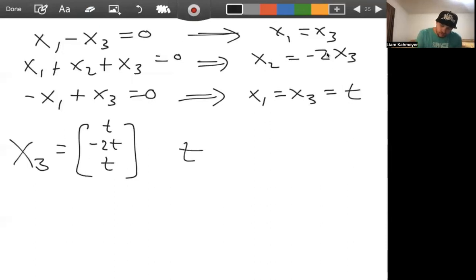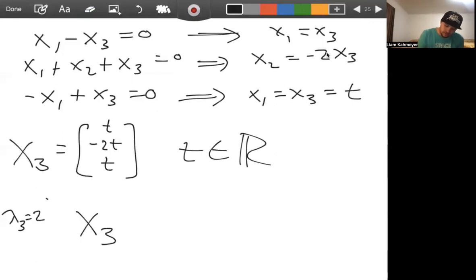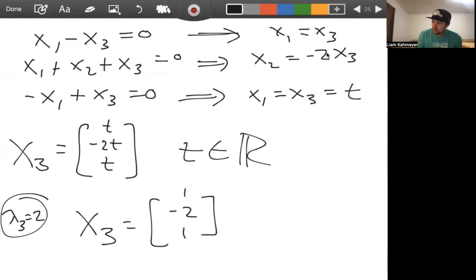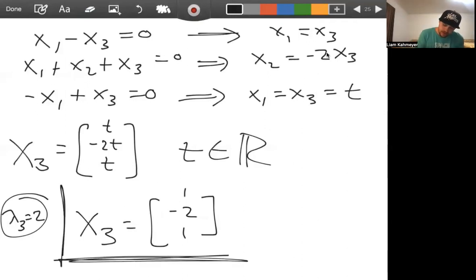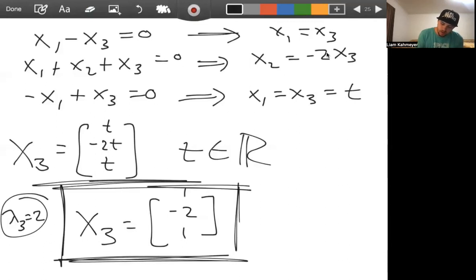That means we can take a basic eigenvector for lambda 3 equals 2. We can get the eigenvector 1, negative 2, 1. And let me double check and make sure that's what I got. That is what I got. Great. So we have now found all eigenvalues and the corresponding eigenvectors.